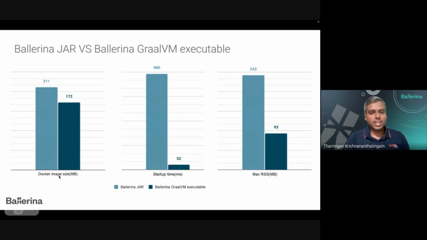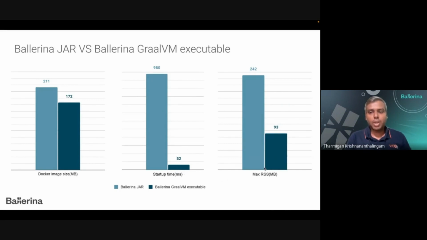So as you can see in the charts here, we have a significant improvement in the Docker image size, and the startup time is like 20 times reduced for a GraalVM executable.